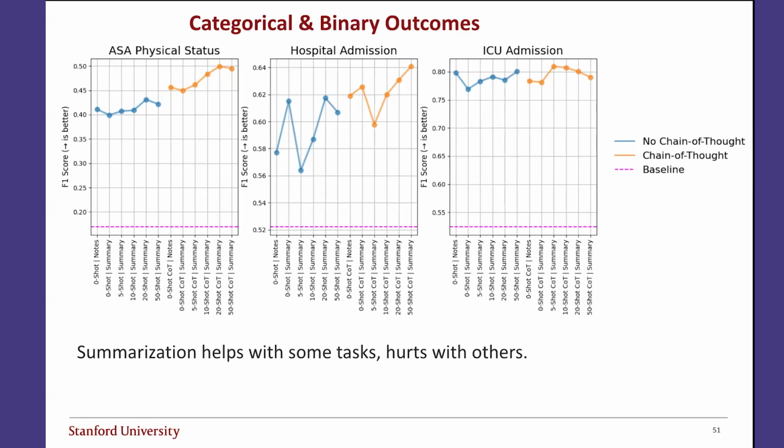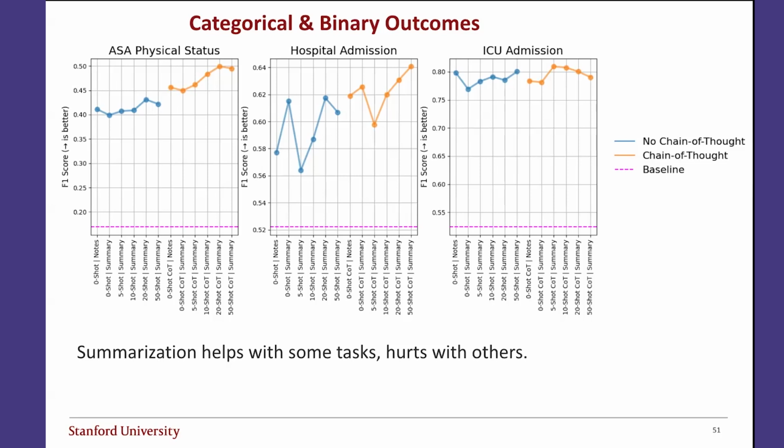The first two items on the x-axis is essentially the difference between doing zero shot prompting with the last 10 clinical notes versus zero shot prompting and the summary representation. But in order to do few shot prompting, because the prompt gets so long, we had to use summaries. And so for all the few shot prompting experiments, those use summaries of the patient's notes. And the orange line shows when we add chain of thought prompting.